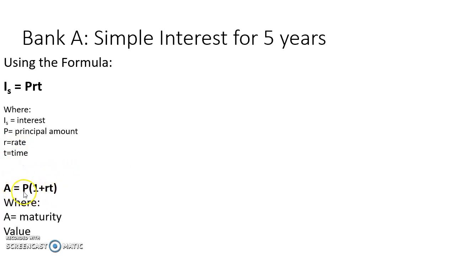Now for the maturity value, we have the formula A is capital letter P times the quantity 1 plus R times T, where capital letter A is maturity value. So the R and T and the P are defined here.